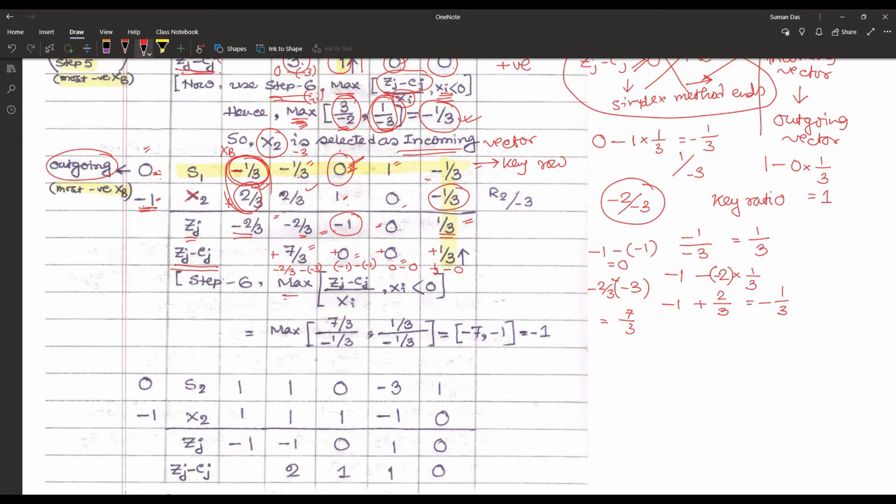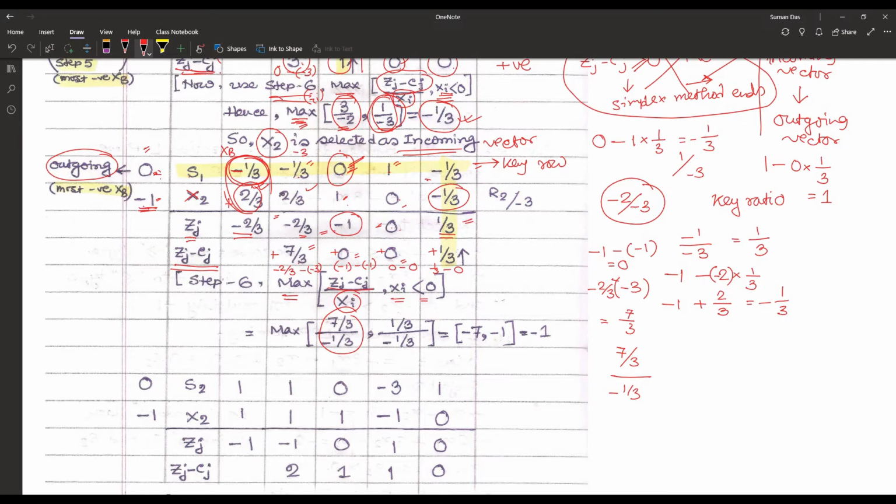Now we have to find the maximum of zj minus cj divided by xi, where all the xi are negative. So here 7 by 3, that is our key row. So that means we have to calculate 7 by 3 minus 1 by 3.